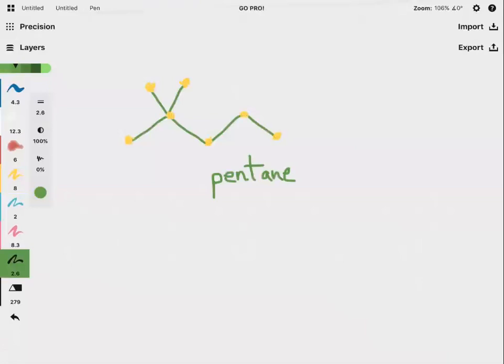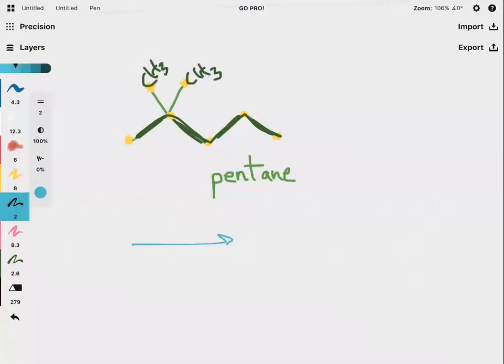So let's say I make my longest chain this one right here. Well, that means that one of my carbons has 2 methyls sticking off of it, because that's a methyl, right? And that's a methyl. So I can start numbering left to right or right to left.